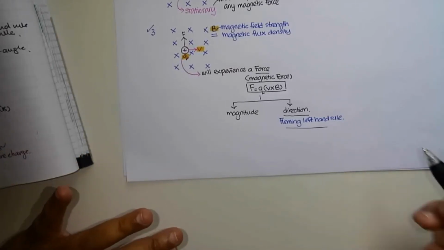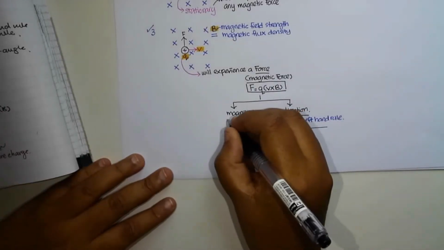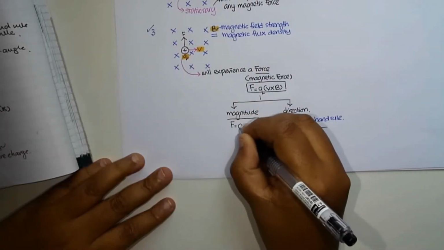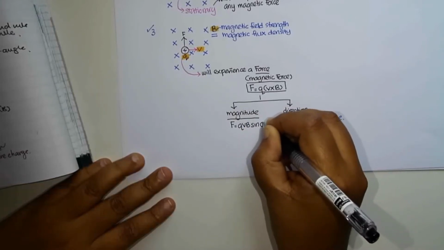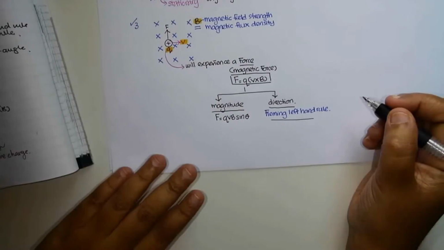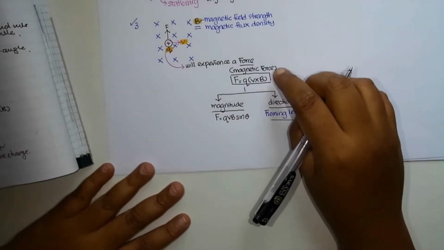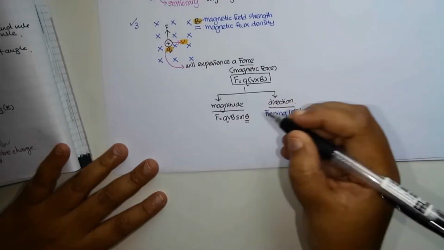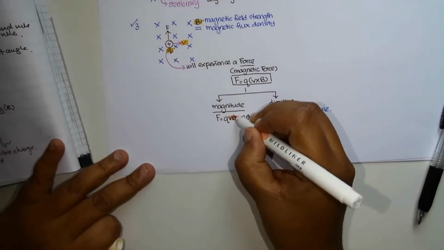To determine the magnitude of the force, you use the formula F equals QVB sine theta. QVB sine theta is a solution for the cross product. Now, what is theta? Theta is the angle between V and B.